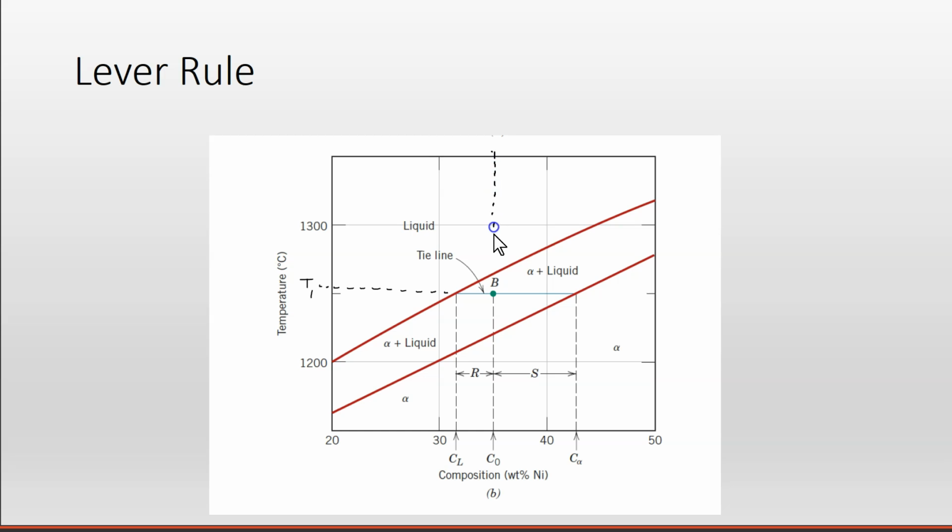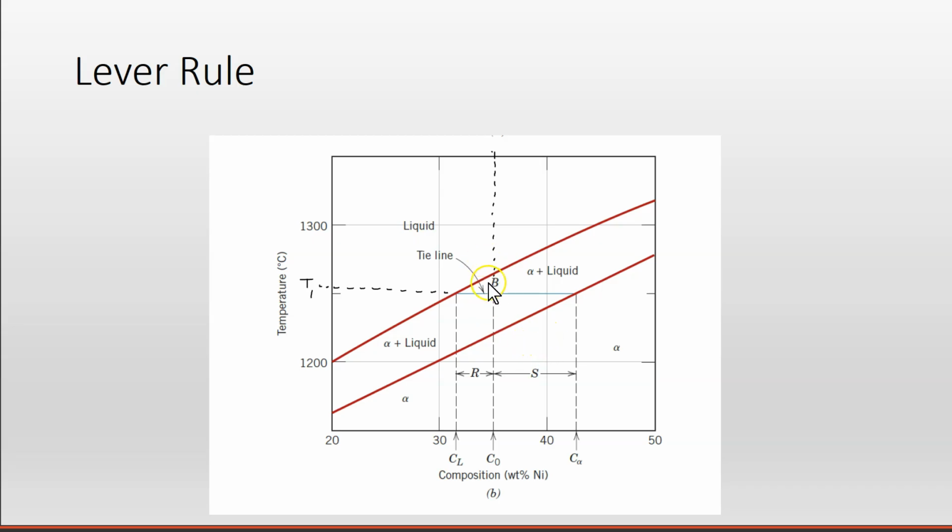if we know the average composition of the alloy, which is C sub 0, and the intersection of the average composition and the temperature lies within a phase field that contains two phases, then yes, we have two phases in equilibrium.